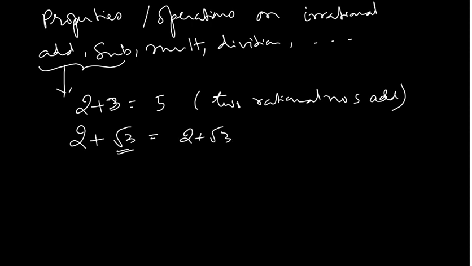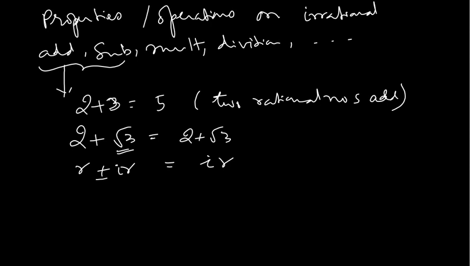No change. So if you are adding a rational number and an irrational number, you are getting an irrational number only. Same thing goes with the subtraction as well. You understood this very well? So that's the first set of operations.